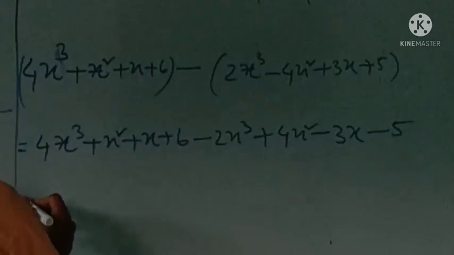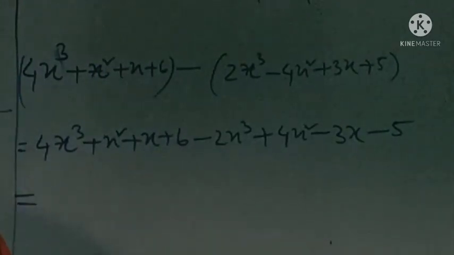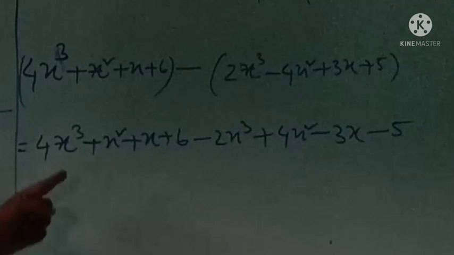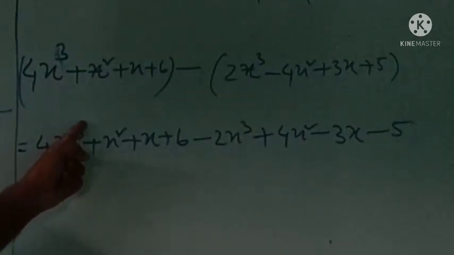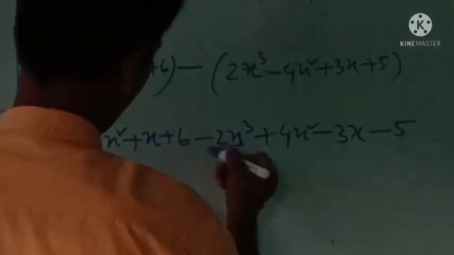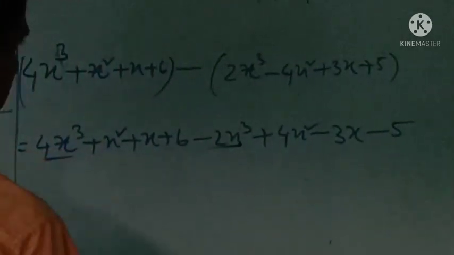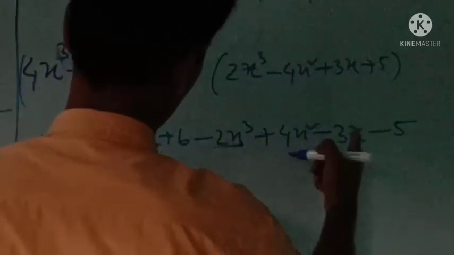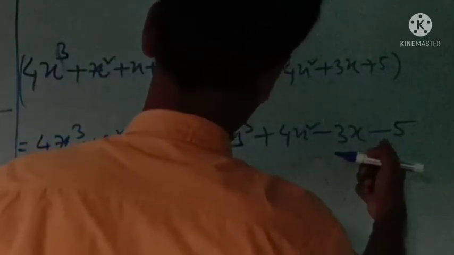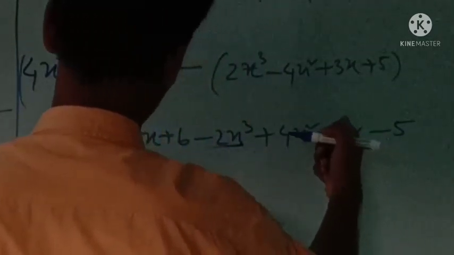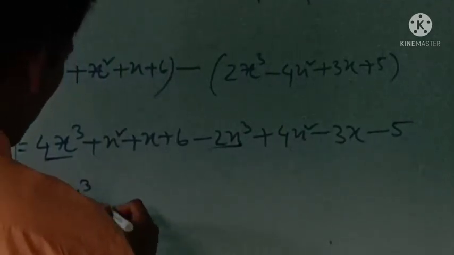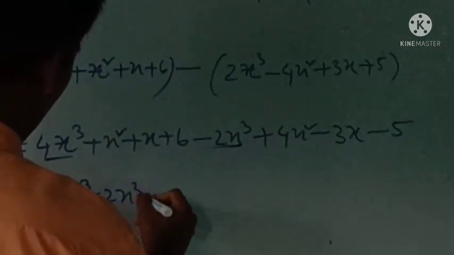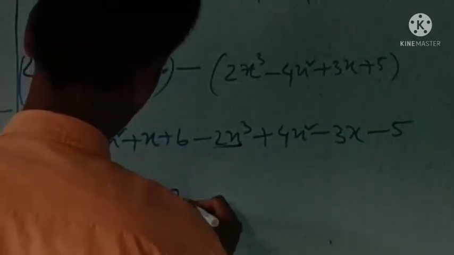Now in the following step, all the like terms we bring together. Here the variable is x and the power is 3, and here also the variable is x, power is 3. There is no other x with power 3, so these two come together: 4x cubed minus twice x cubed, then plus x squared.